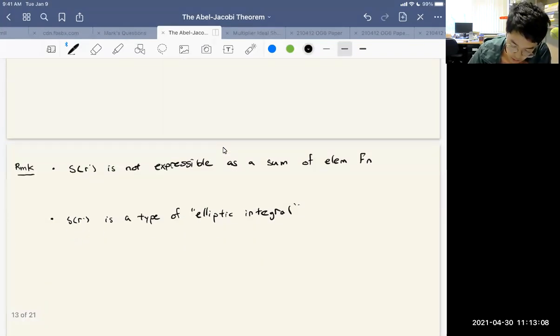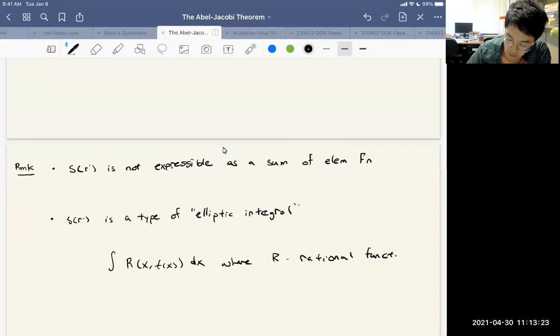It means it's an integral of the form integral R of x, y, where y is the square root of f of x, dx, where R is a rational function and f of x is a polynomial of degree 3 or 4.